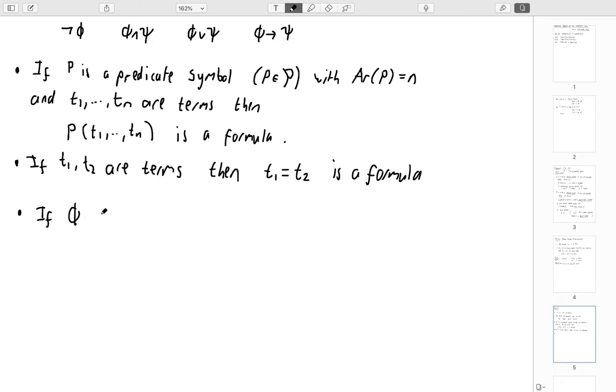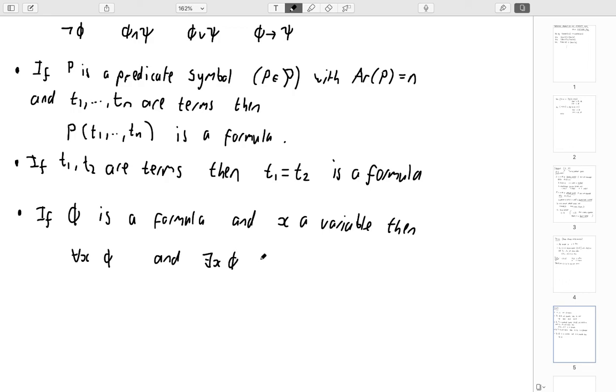So if phi is a formula and x a variable, then for all x phi and exists x phi are formulas.